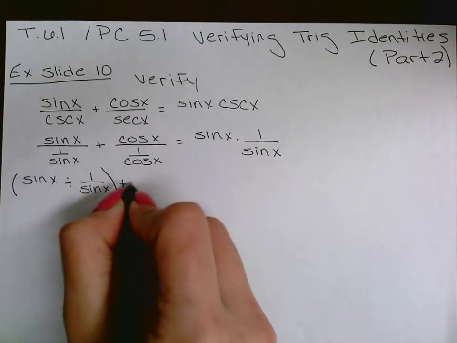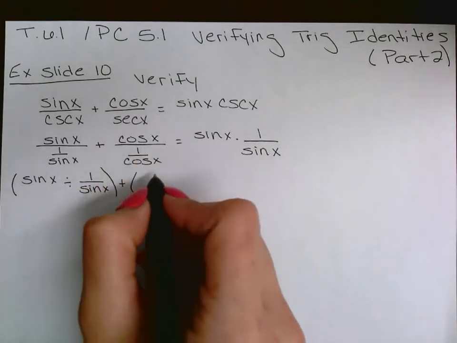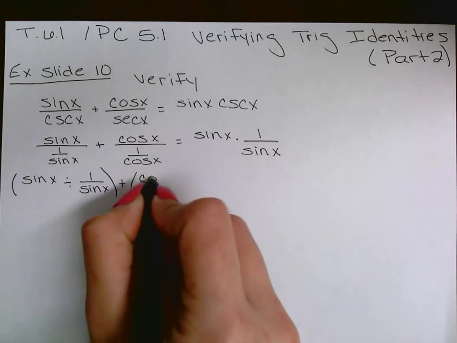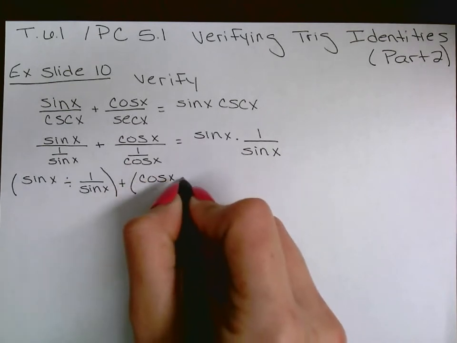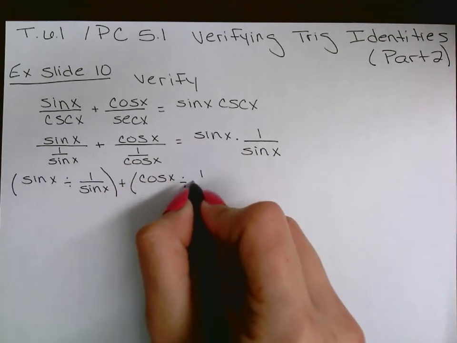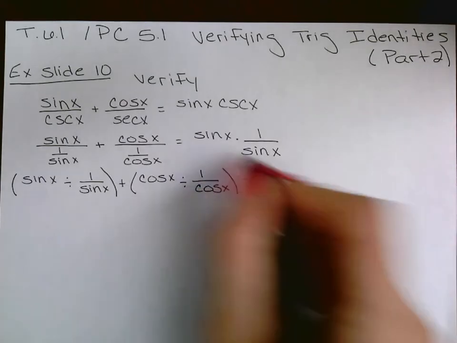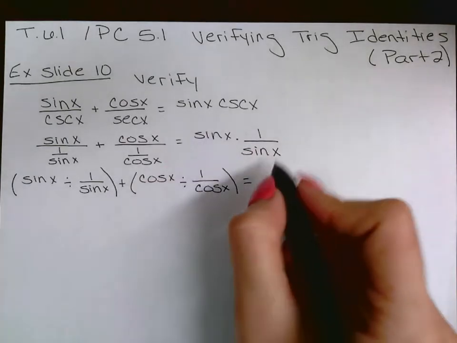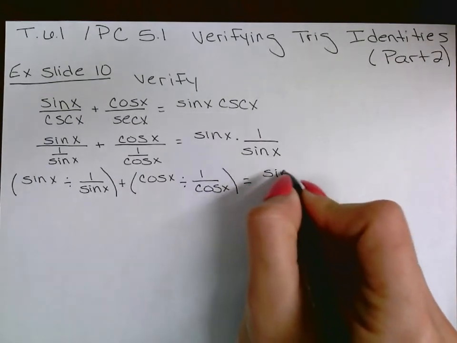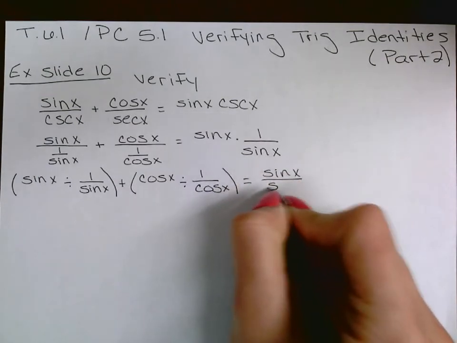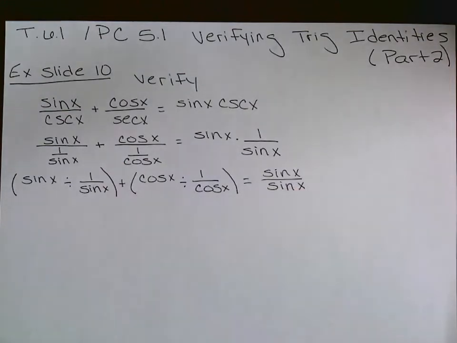And then I'm going to add it, and I'm going to do the same thing with the cosines. I'm going to say cosine of x divided by 1 over cosine of x equals, and on this right side I end up with sine of x over sine of x. What is that going to end up cleaning up to? 1. So that should already give you a head start that my left side should end up giving me 1.